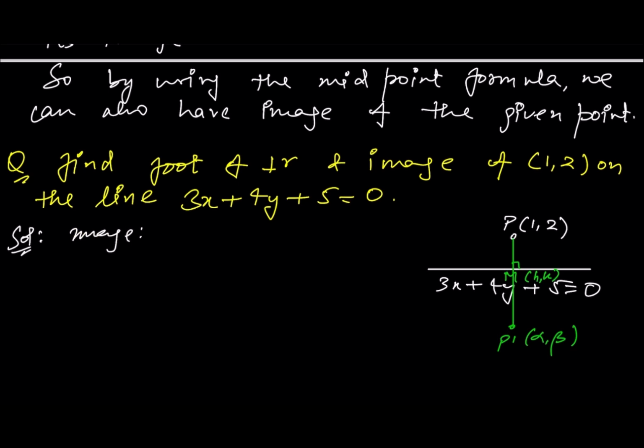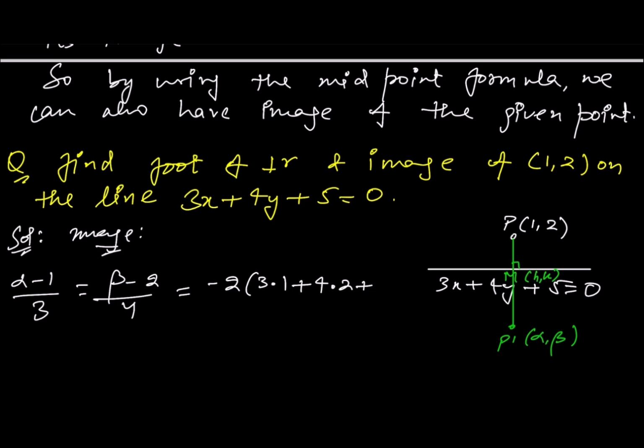First, for the image: (alpha minus 1) by 3 is equal to (beta minus 2) by 4 is equal to minus 2 times (3 into 1 plus 4 into 2 plus 5) on (3 square plus 4 square).